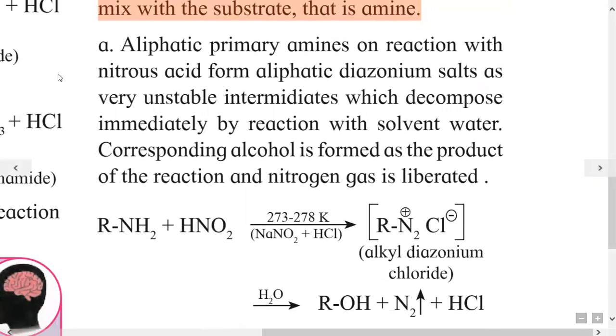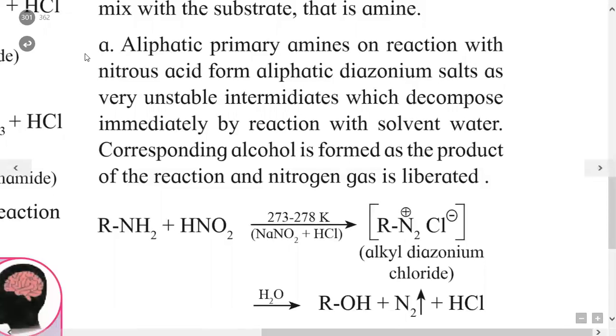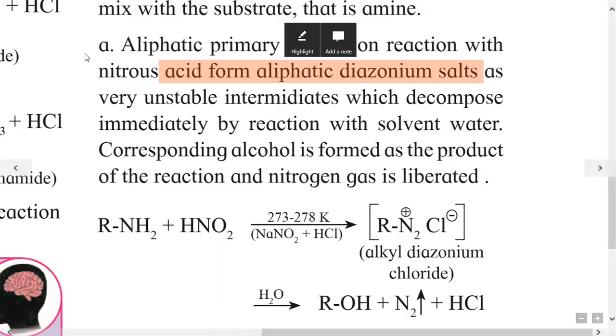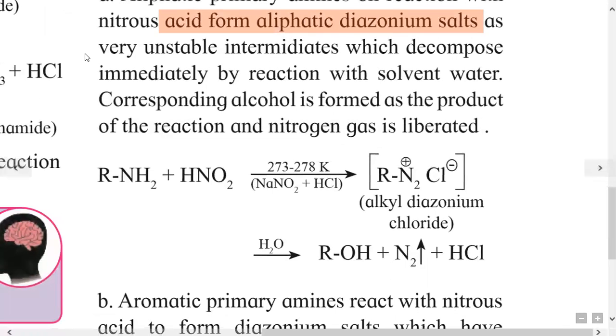So an aliphatic primary amine on reaction with nitrous acid forms an aliphatic diazonium salt as a very unstable intermediate, which decomposes immediately by reaction with the solvent water, and the corresponding alcohol is formed as a product, and nitrogen gas is liberated. So here RNH2 is a primary amine.